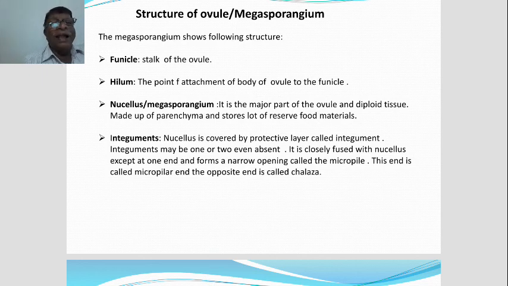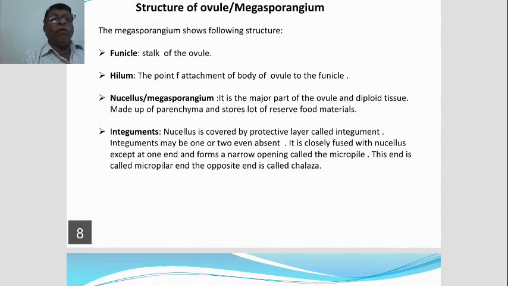This micropyle end we call micropylar end of the ovule. The opposite end is called chalaza. Okay, so that's the structure of ovule or megasporangium.